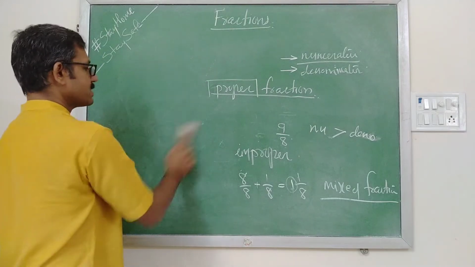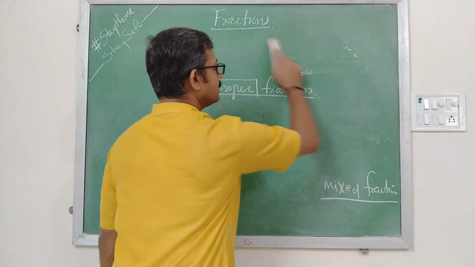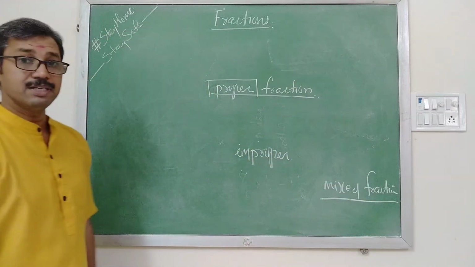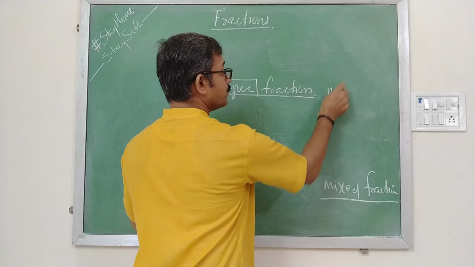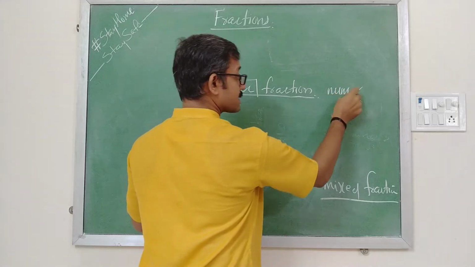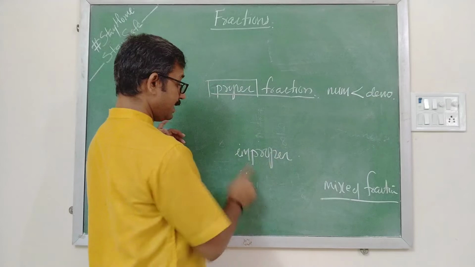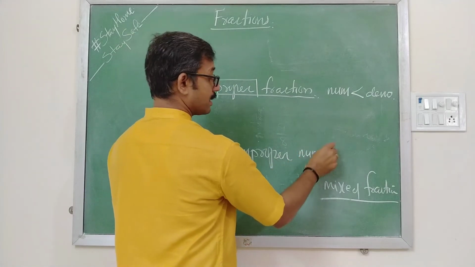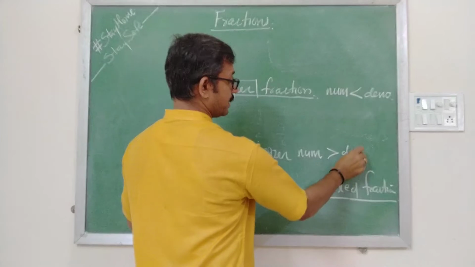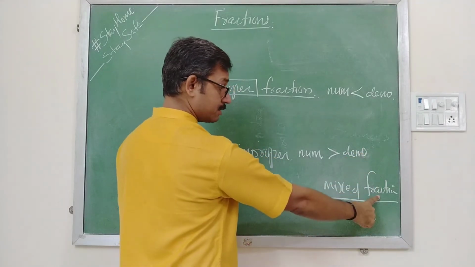So you understand all these three types of fractions? That is a proper fraction. What is a proper fraction? The numerator is less than the denominator. And an improper fraction means the numerator is greater than the denominator. Mixed fraction means what?